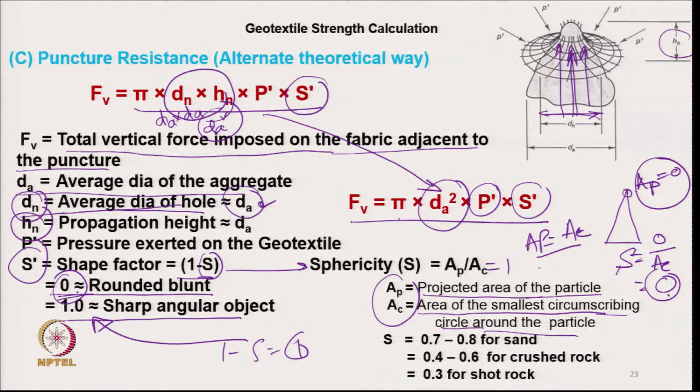So, for a blunt object sphericity is 1, for a sharp object sphericity is 0. Accordingly the shape factor will get adjusted. From there we get the shape factor, and using it we can calculate the vertical force imposed on the geotextile fabric.